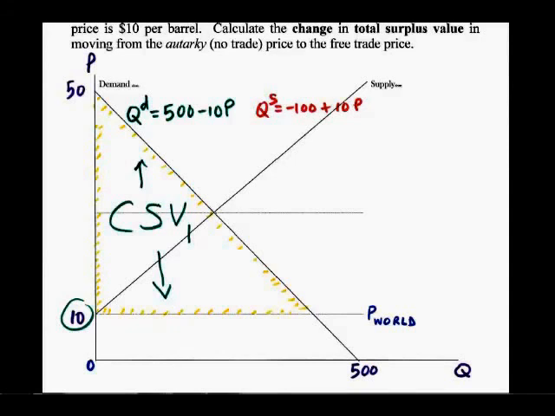The fact they're willing to buy that thing from us means that we are supplying it for a lower price than they would, in which case their consumers are getting surplus value as well, and our producers are getting higher profits because that extra demand from abroad will push the price up. Higher demand, higher price, and therefore our domestic producers will be making more profit in that second sector, which is not shown here.